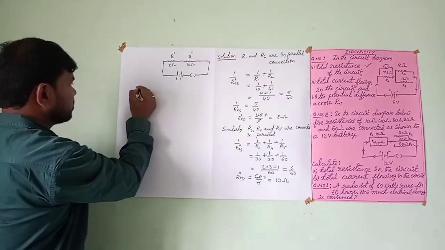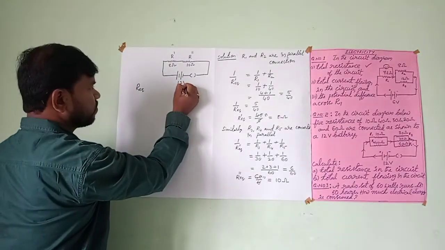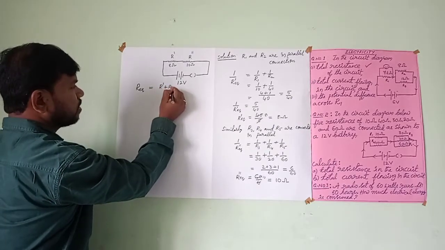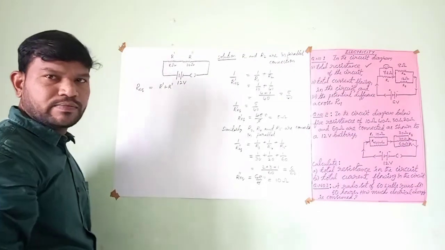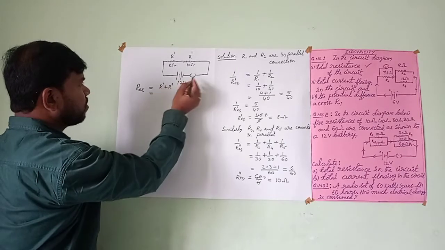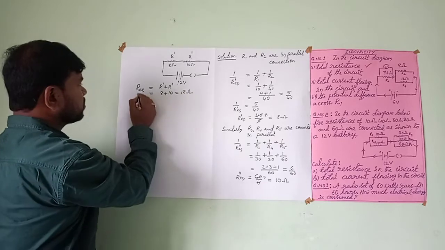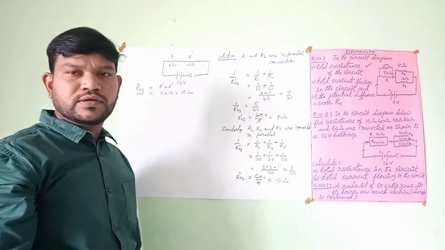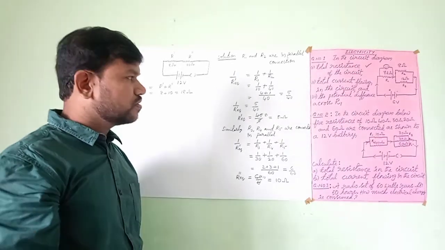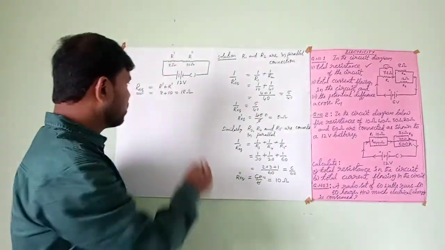In the circuit the potential difference is 12 volts. So R equivalent is equal to R dash plus R double dash, because these two are in series. 8 plus 10 is equal to 18 ohms. So this is the total resistance present in the circuit.